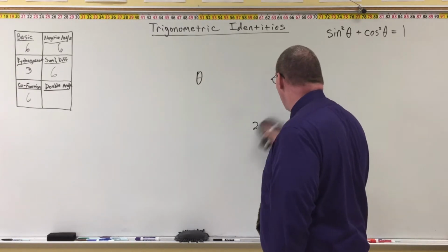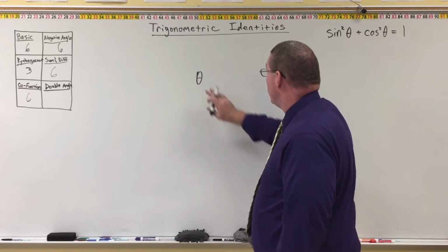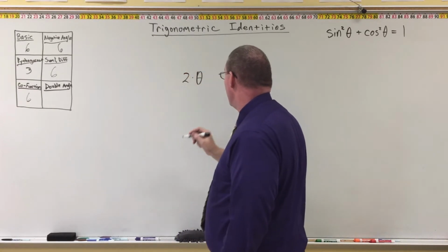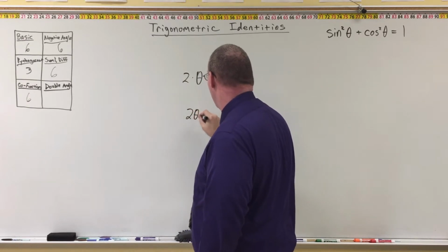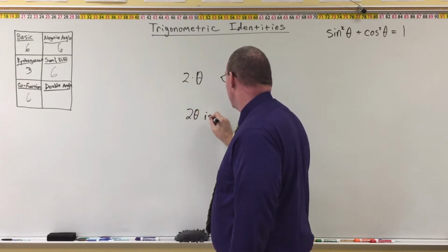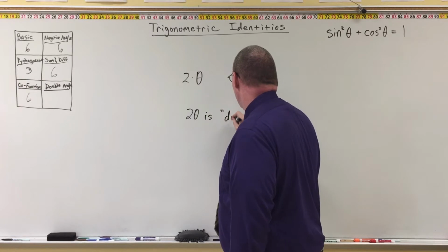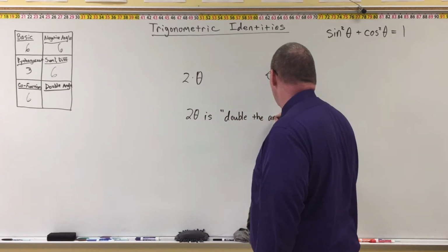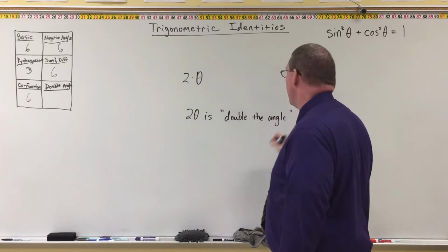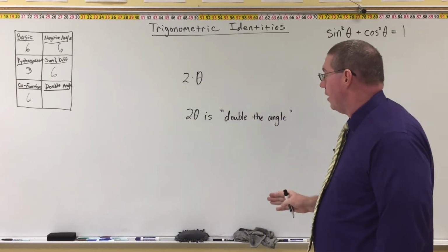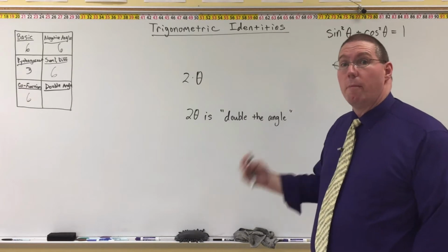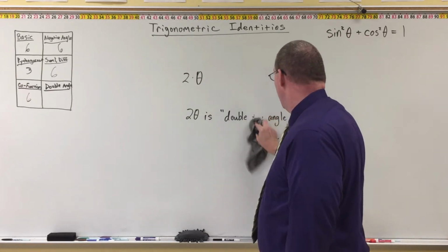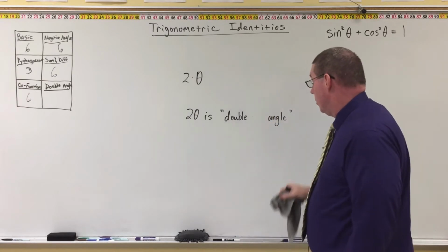So if I want to double theta, I'm just simply going to multiply theta by 2. So 2 theta is double the angle, right? If theta is the angle, then 2 theta is double the angle. I've doubled the angle, which we are just going to call a double angle, okay?